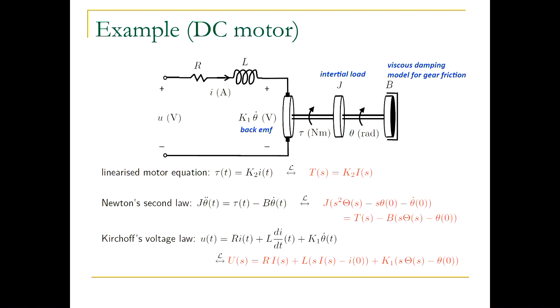What is the output? Well, in our examples, output can be either the angle of the shaft, theta, or it can be angular velocity. Depending on the question, we would either assume that output is theta or output is theta dot. But the input was always U, the driving voltage. Yeah? So you apply U, and then this shaft starts moving.